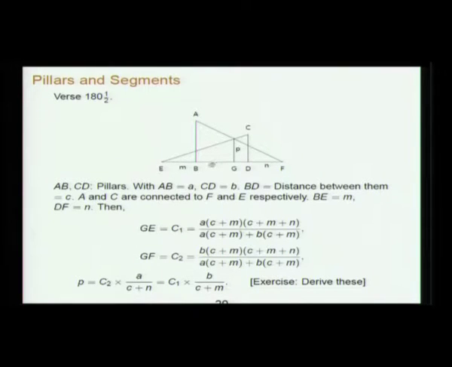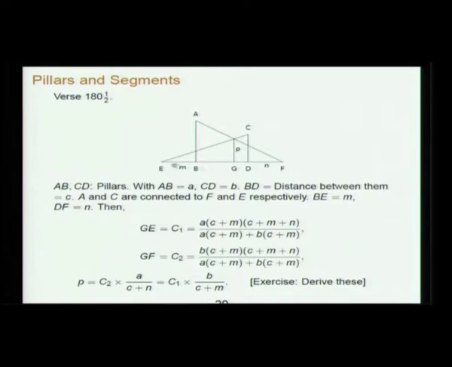So here what is happening is AB and CD are pillars, with AB equal to A, the height of one pillar, CD equal to B, another pillar, and BD the distance between them. So now this is stretched like this to some point E with a string. Similarly, from A you are stretching a string and pinning it down at F. So A and C are connected to F and D.